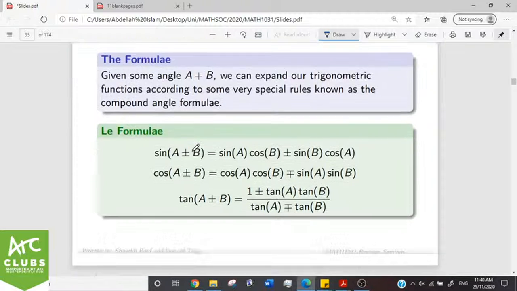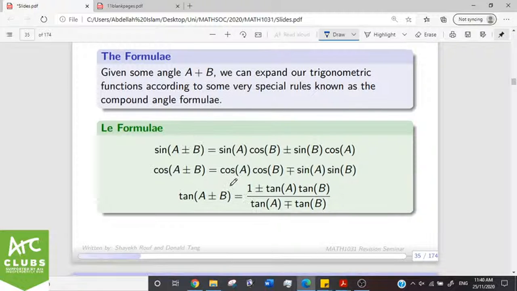So with sine and cosine functions, we need to know about compound angles. This is when you have two different angles inside of your function. So sine of a plus b is sine a times cos b plus sine b times cos a. And if this is a minus b, then you just change the plus to a minus. Then cos of a plus b is cos a times cos b minus sine a times sine b.